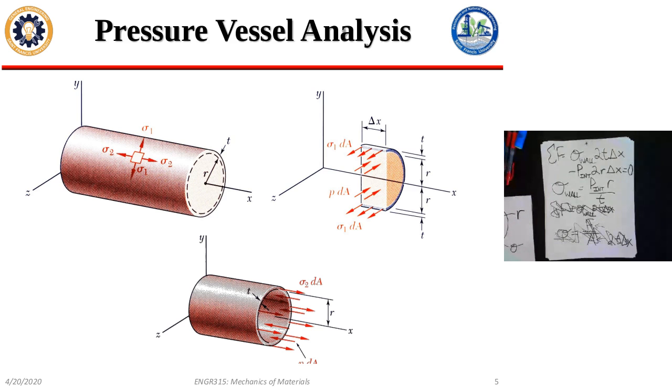Or as the cool kids say, bada bing, bada bang. So we cut two different sections through this thing, and if I rotate them around either axis of the pressure vessel, it gives you the same thing.